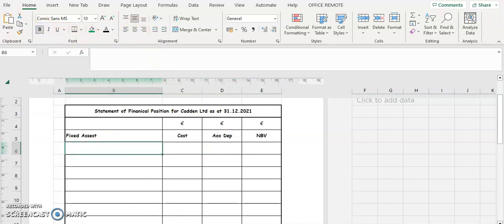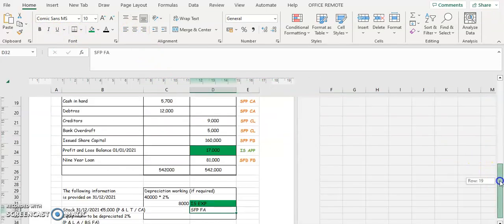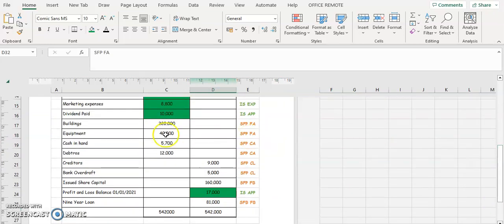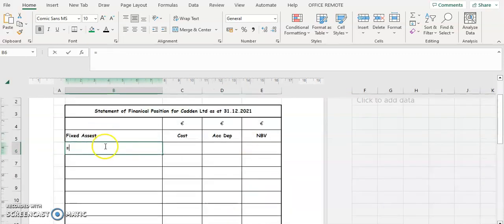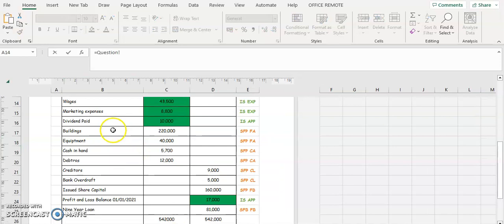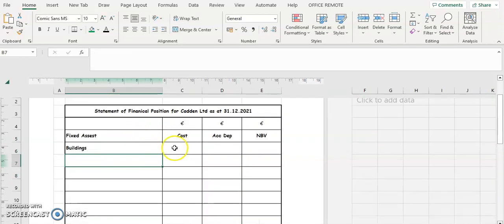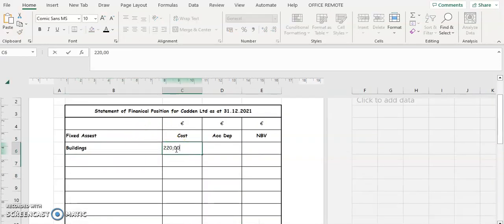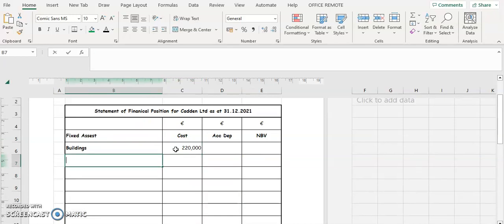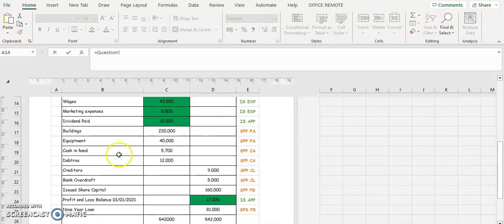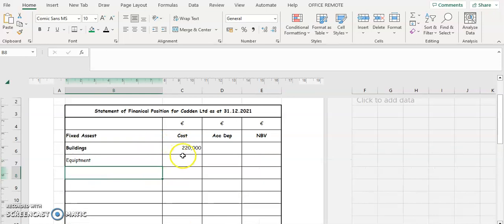So we're going to go back to our question, find out what our fixed assets are. So anything that we have for long term that's over 1 year will be your buildings and our equipment. So we're going to put in buildings, and the cost for buildings is 220,000. And then we're going to put in our equipment, which is 40,000.